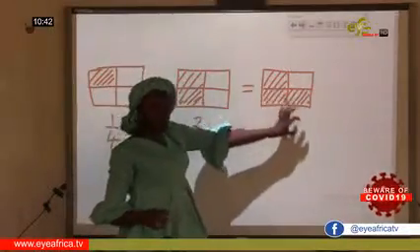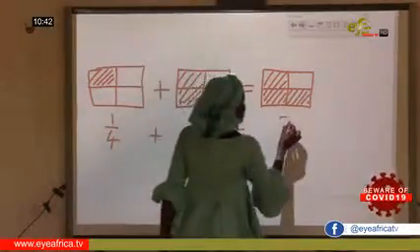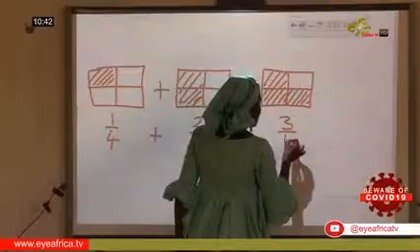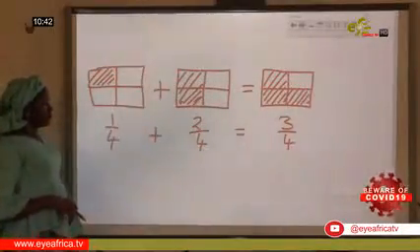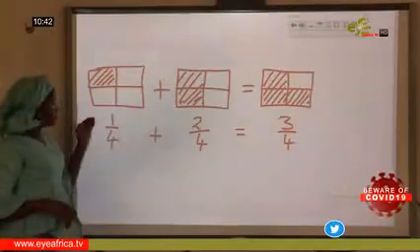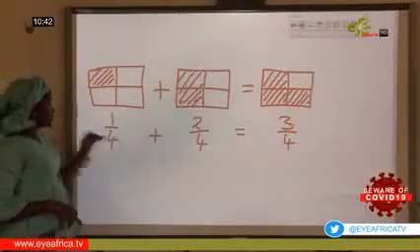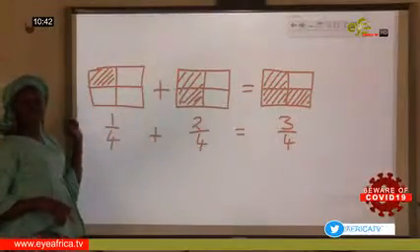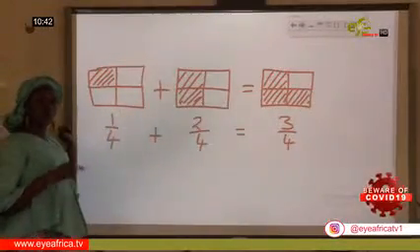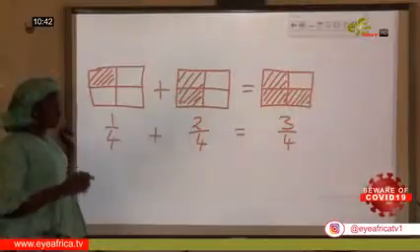It is 3/4. So our answer is 3/4. The same denominator, we add the numerators for like fractions, which we sometimes call common fractions.